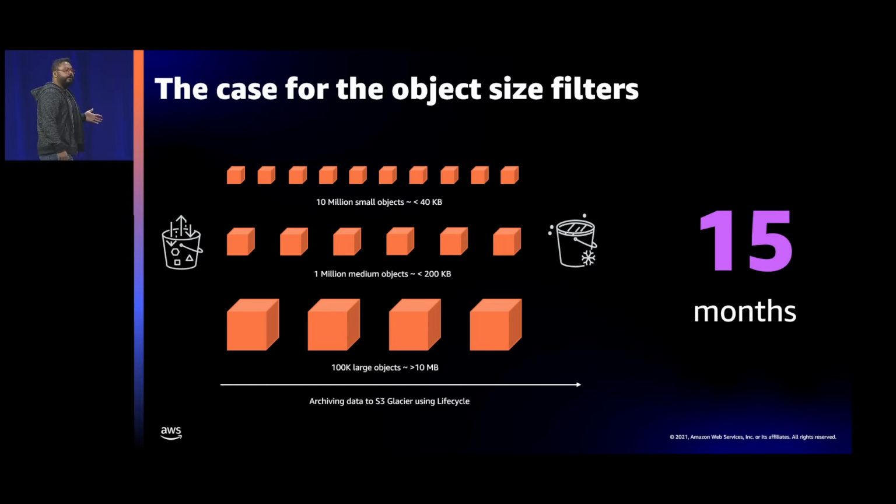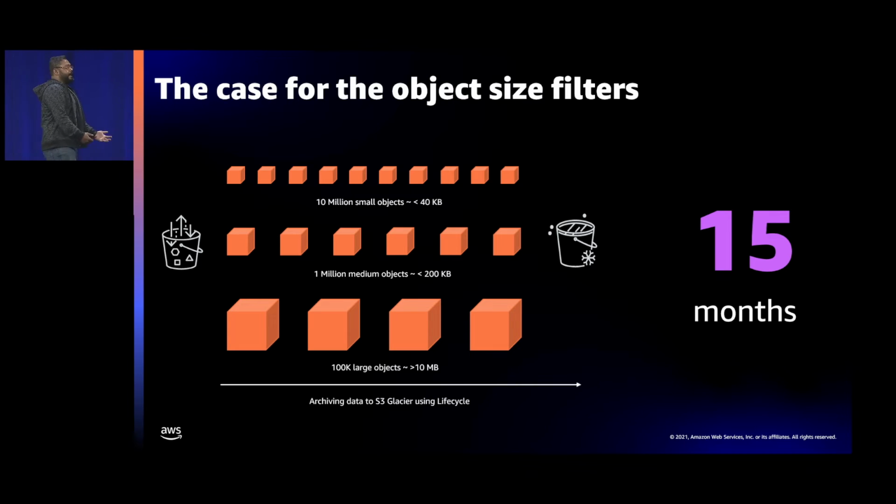And this is a good reality for many of our customers, because often they have objects that have compliance statuses that need to stay on for years, and over years, you're eventually ending up saving a lot more money. But if your objects are short-lived, maybe less than 15 months, maybe 6 months, or maybe 9 months, this may not be the best way to transition and archive your objects.